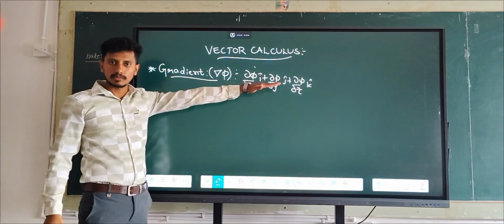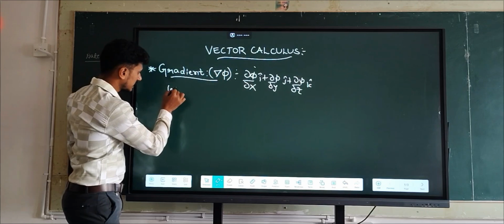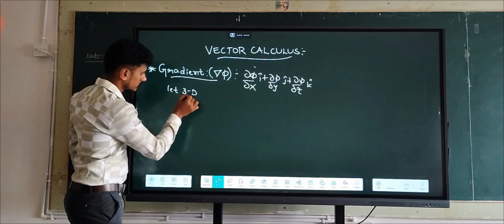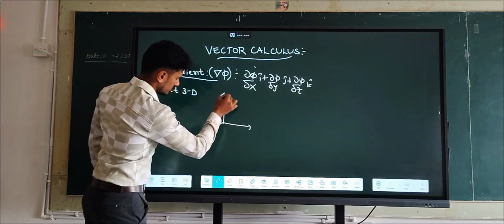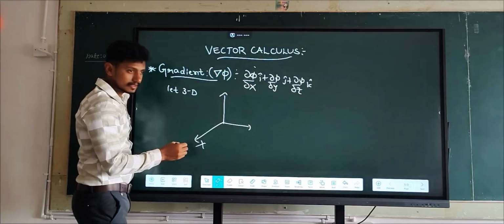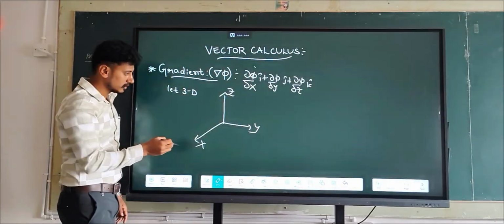So how do we work? It is very simple. Let us consider a three-dimensional graph. I name this the x-axis, this the y-axis, and this the z-axis.